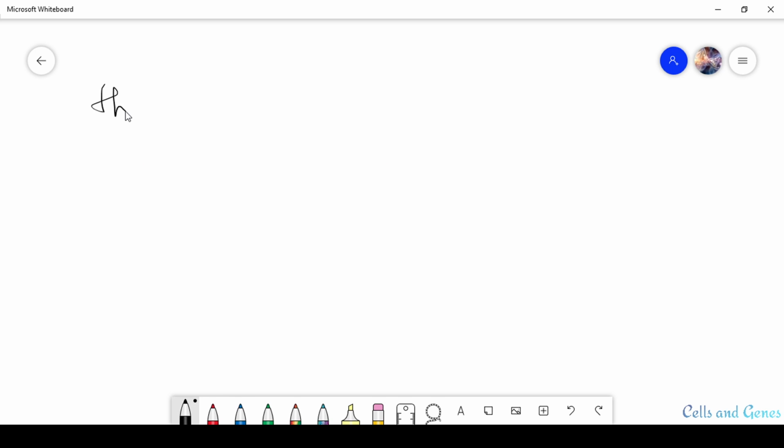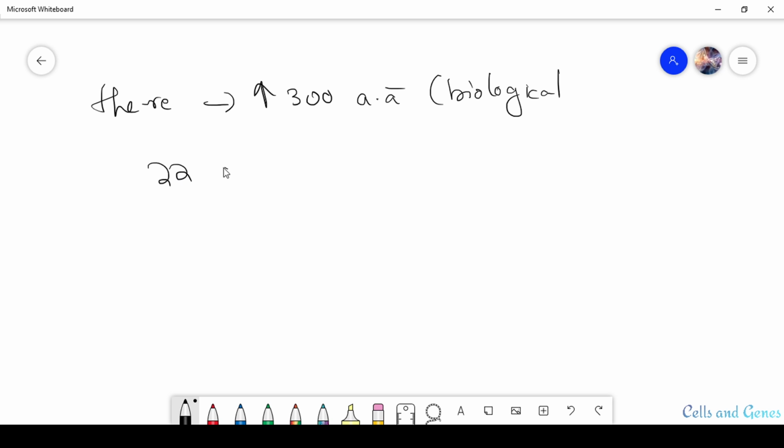There are more than 300 types of amino acids in the biological system. We know that there are 300 naturally occurring amino acids in living organisms, but only 22 amino acids participate in protein synthesis.